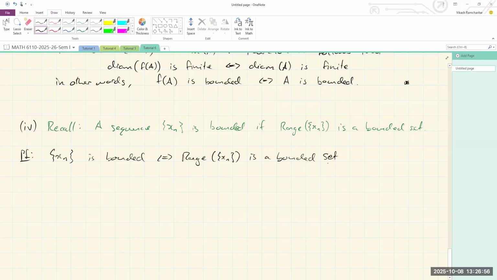But what did we just prove? We just proved that if we have a bijective isometry, then bounded sets get mapped to bounded sets. So that's the same thing as saying that the range of this new sequence, where the points are f of x_n, is a bounded set, because f is a bijective isometry. It takes bounded sets to bounded sets. So if the range of this one is bounded, then the range of that one is bounded.